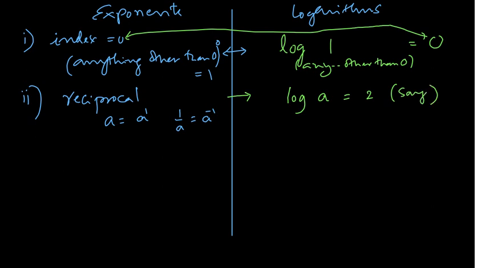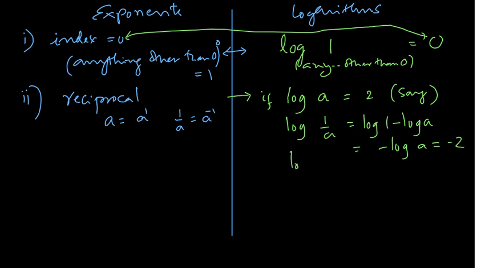If log a equal to 2, log of 1 by a would be log 1 minus log a, which you will see later in the properties. Because log 1 is 0, you will have minus log a, which is minus 2. So log 1 by a is minus 2.